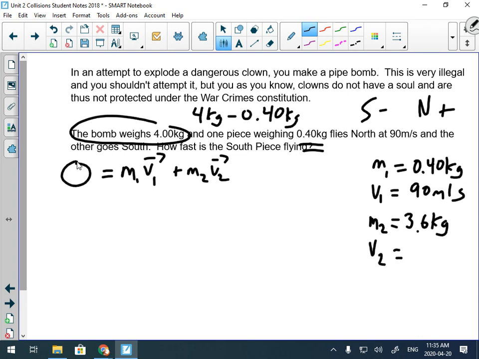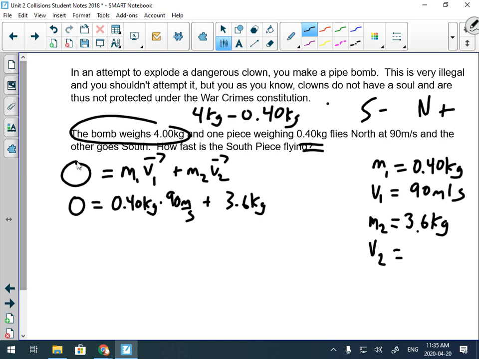All right, so 0 is equal to mass of the first system, 0.4 kilograms, times speed of the first system, 90 meters per second, plus mass of the second system, 3.6 kilograms. And again, if I explain that a bit too fast, the whole bomb weighs 4 kilograms.